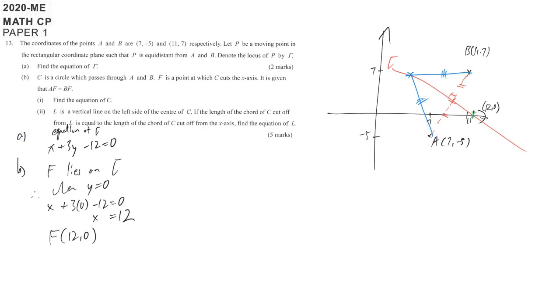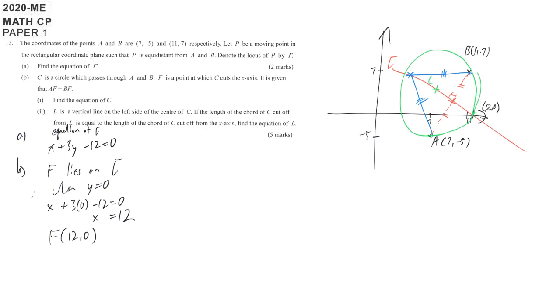The circle passes through points F, A, and B, so the circle should be approximately like this. One very important thing is about the center. The center also lies on the perpendicular bisector of its chord. So we are saying the center also lies on inverted L. Then we may express the center in one variable only.